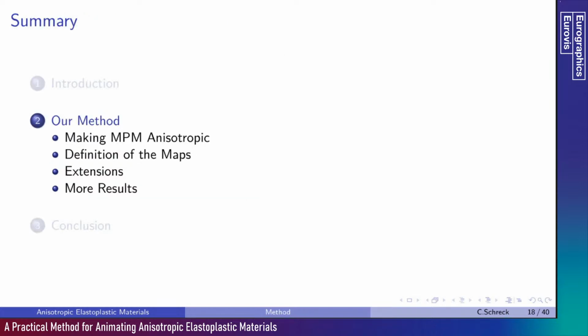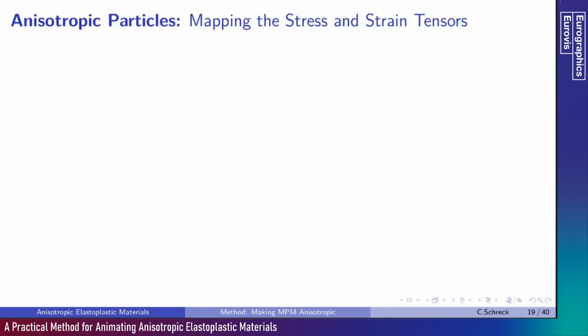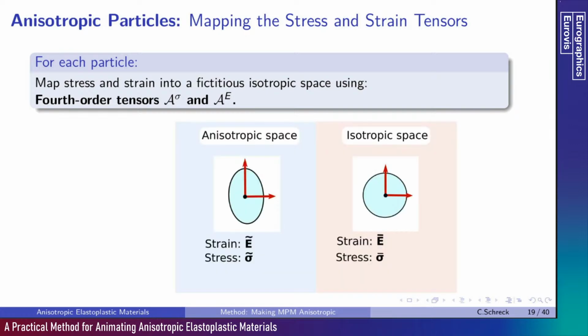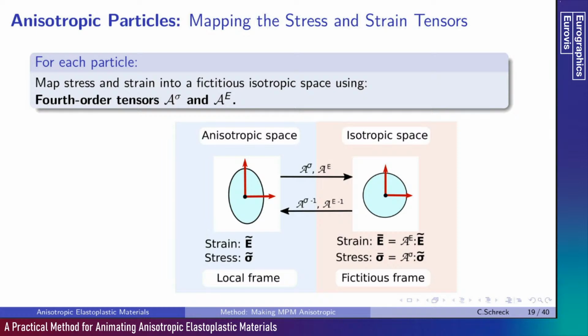Now let's see more in detail how we have to change MPM to achieve that. So first we associate a mapping to each particle as two fourth-order tensors, A sigma and A E, that are respectively mapping the stress and the strain. So here we can go from the real anisotropic space to the fictitious isotropic space just by multiplying the stress and strain matrices by the tensors, and then map back with the inverse tensors.